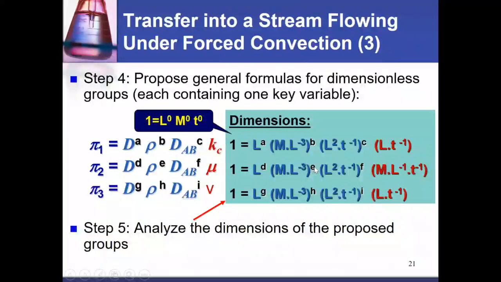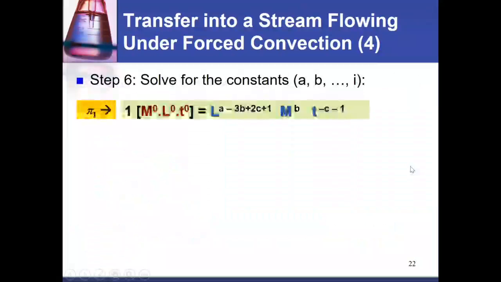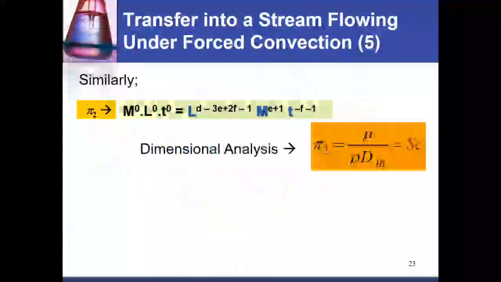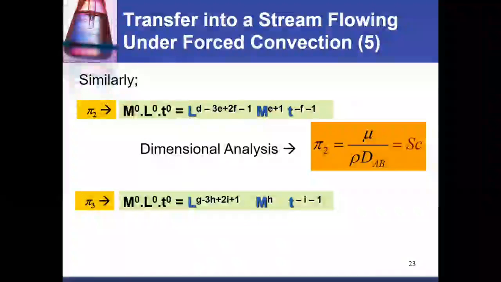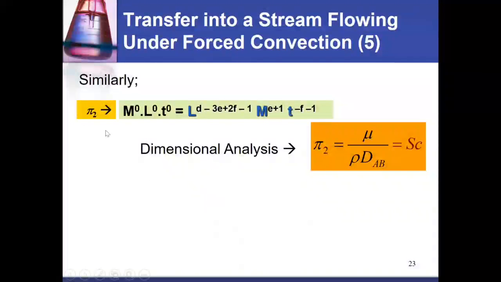M to the power E plus 1 should also be 0. T to the power minus F minus 1 should also be 0. So we use this to find the second dimensionless group, which is pi2. So for M, E plus 1, E should be minus 1.